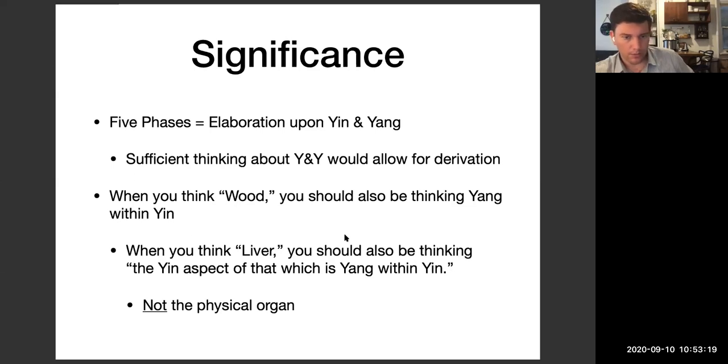We're just calling it wood. And when we think liver being the yin aspect of wood, we're talking about the yin aspect of yang within yin. That's a very cumbersome sentence to say, so we get these shorthands for it.